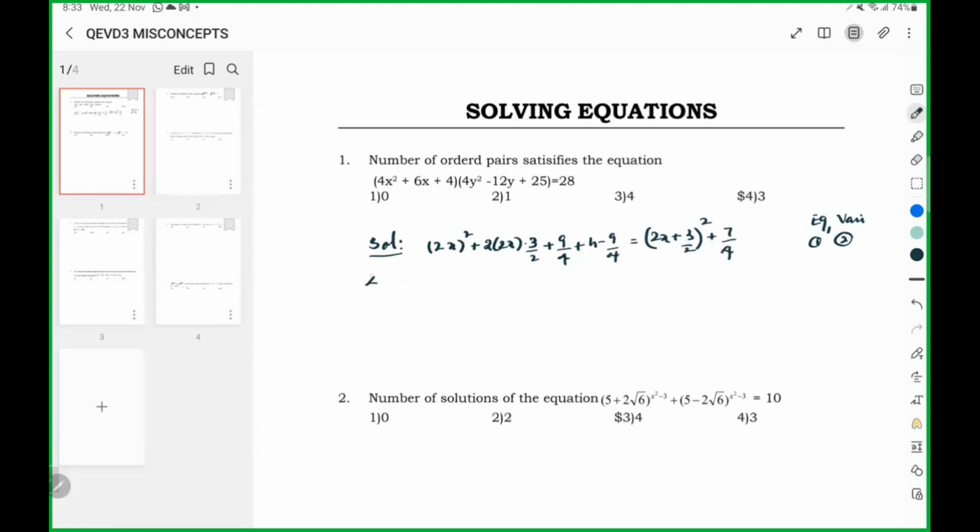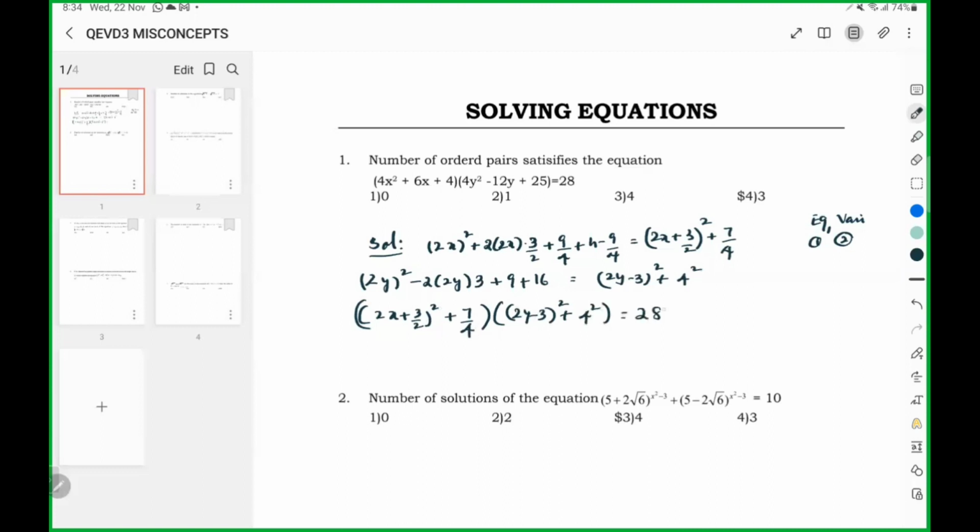Similarly, the second expression, if you consider (2y) square minus 2 times 2y into 3 plus 9 plus 16, can be written as (2y minus 3) whole square plus 4. Now the whole equation I can write as (2x plus 3 by 2) whole square plus 7 by 4, whole thing multiplied by (2y minus 3) whole square plus 4 square, which is 28.